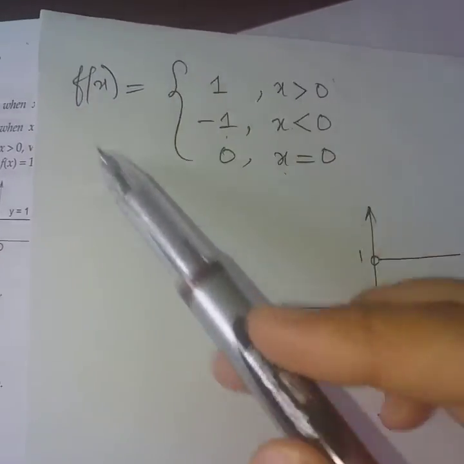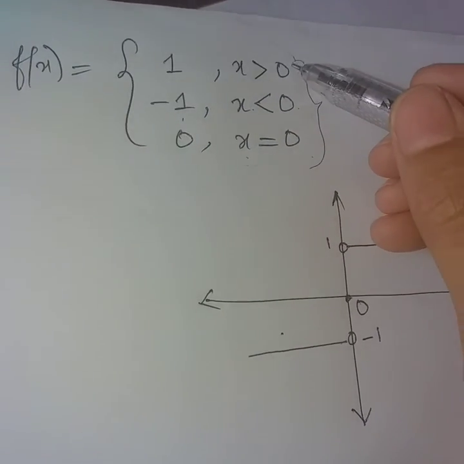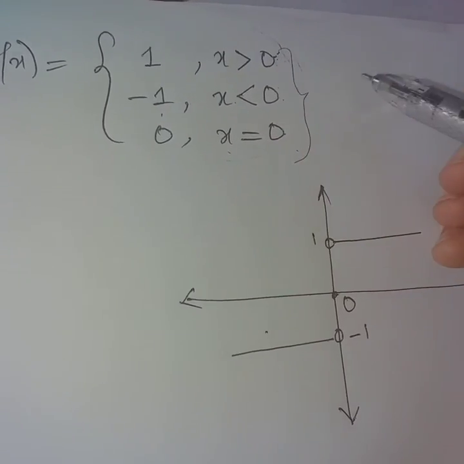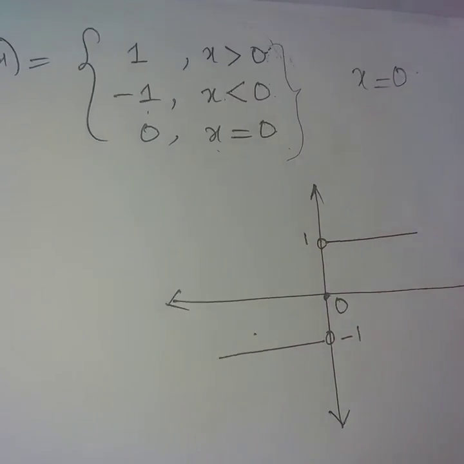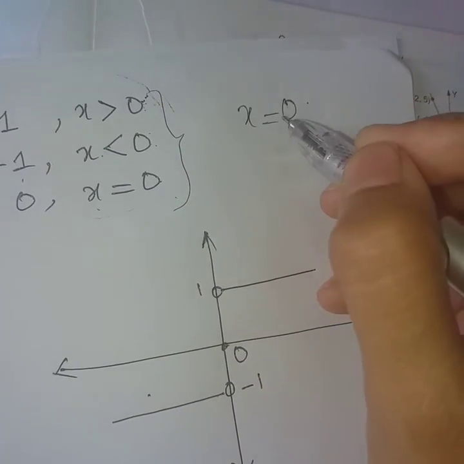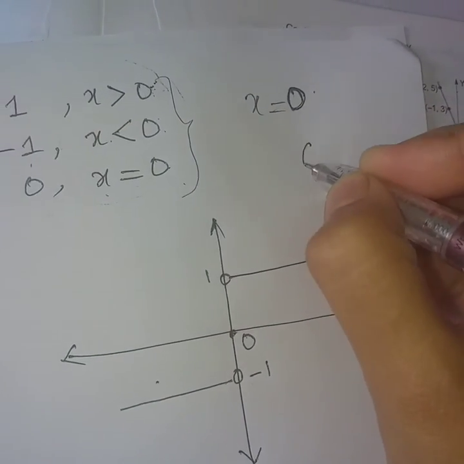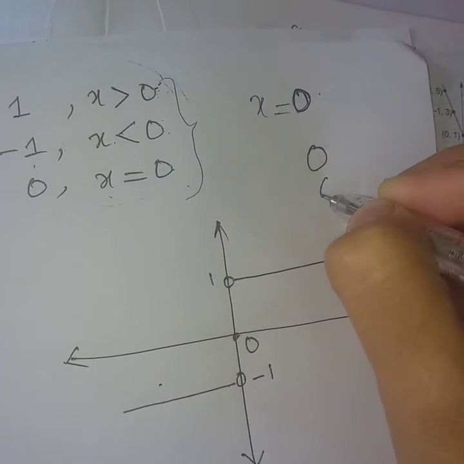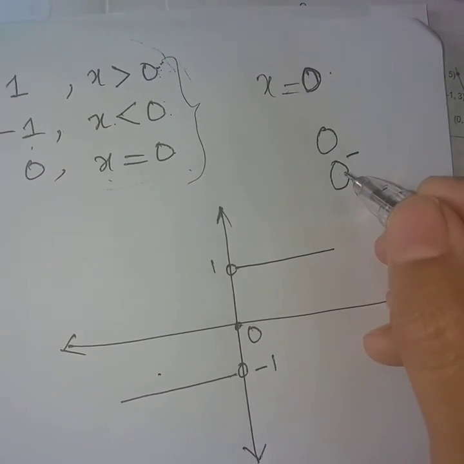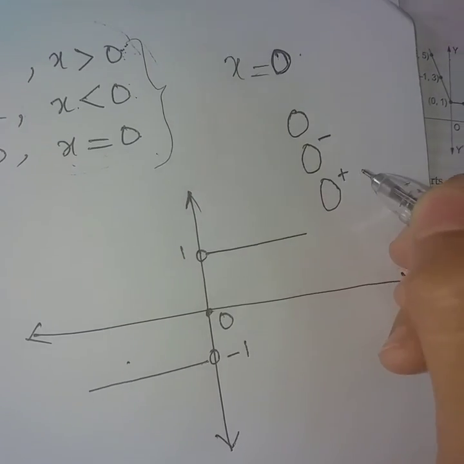In this kind of function, we always have to check the continuity at the point where it is breaking. That means here the definition is breaking at x equal to 0. So in order to check the continuity of a function, we have to check at the point x equal to 0, then at a value slightly less than 0, that is, the left hand limit, and at a point slightly greater than 0.